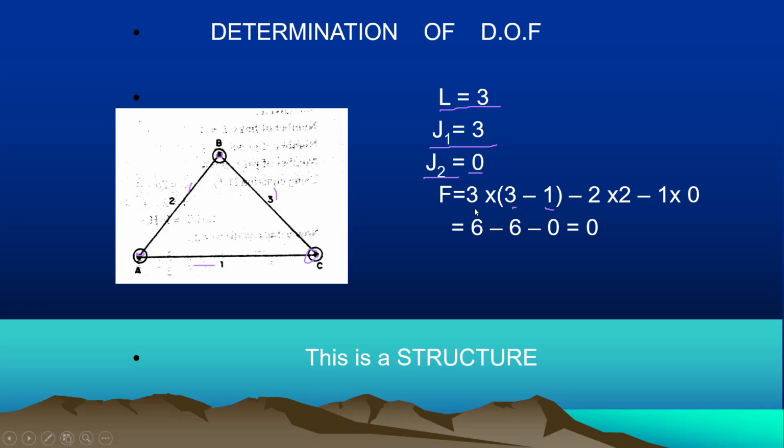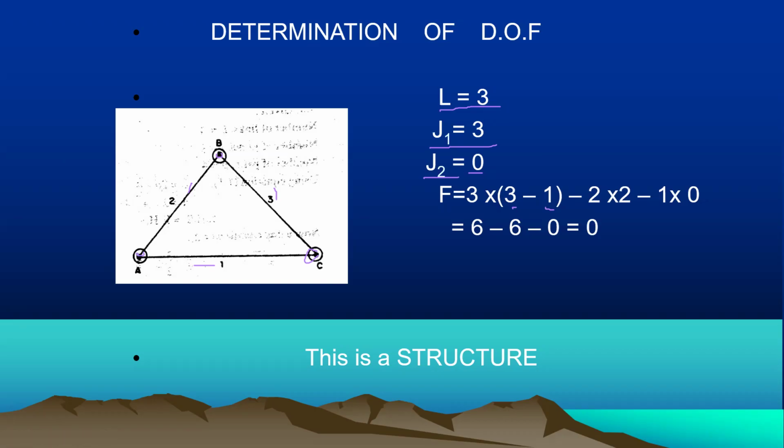This will be 3 minus 1, which becomes 2, which becomes 6 minus... where is this 2? Am I forgetting something? This is 1, 2, 3. How about J2?